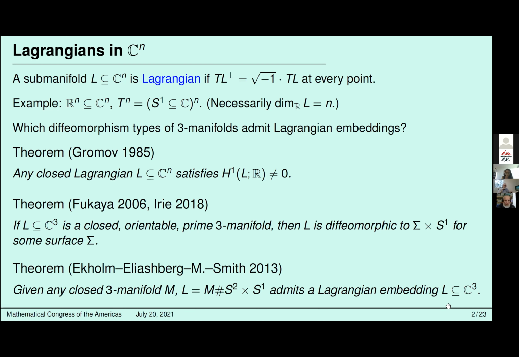So while Lagrangian embeddings seem extremely restricted by this geometric condition, on the other hand, if you have just this single copy of S2 cross S1, you can make anything you want. Here M can be an arbitrary rational homology 3-sphere, which is an extremely large class just by itself.